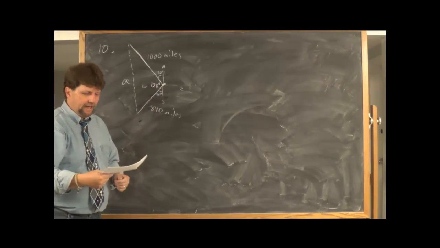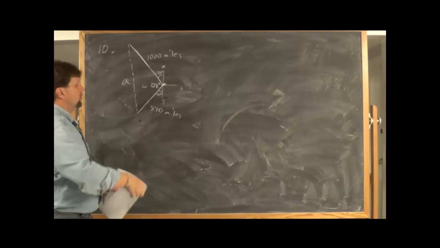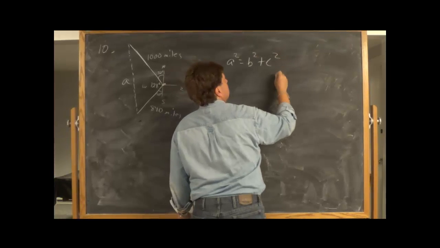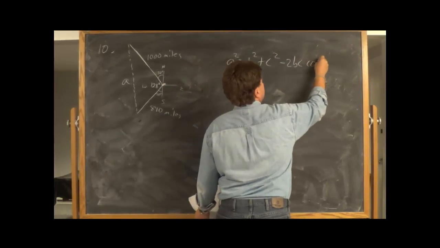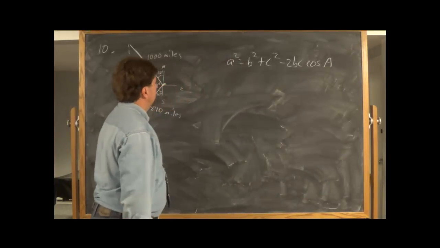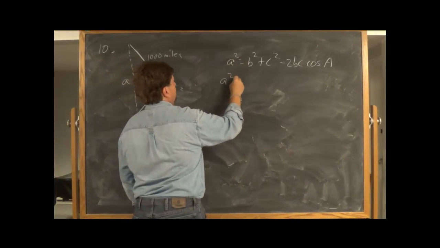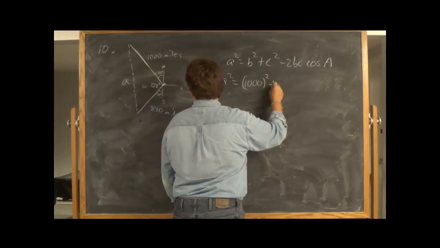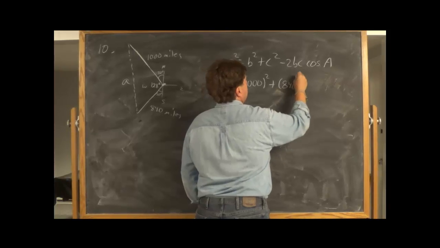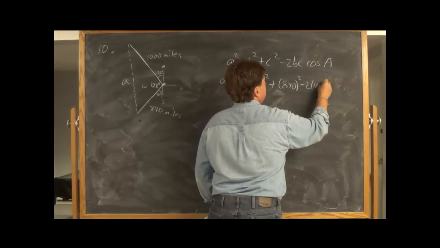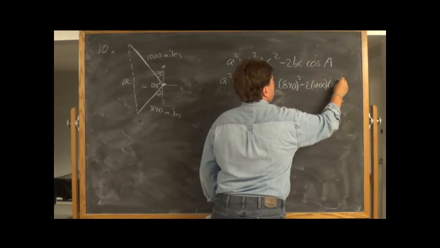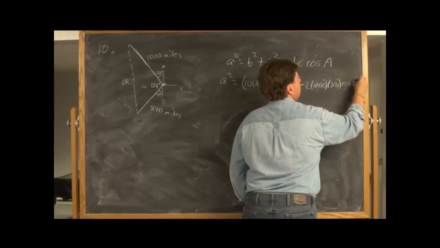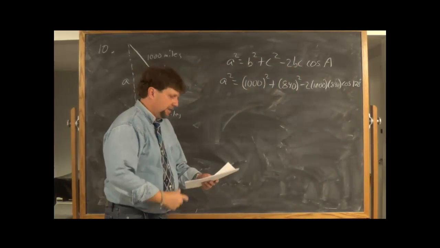Basic law of cosines application. A squared is equal to b squared plus c squared minus 2bc cosine of A. Substitute in what I know. A squared equals 1,000 squared plus 840 squared minus 2 times 1,000 times 840 times the cosine of 128 degrees.